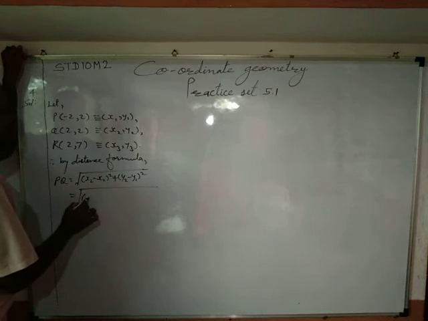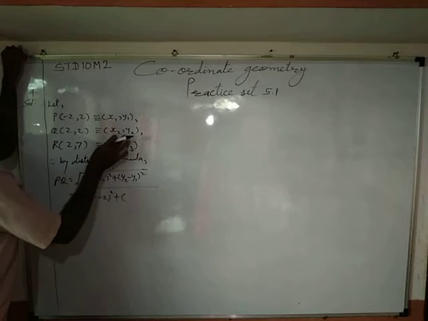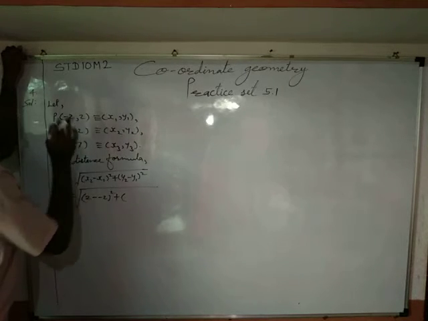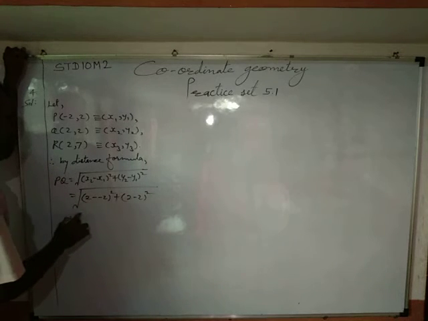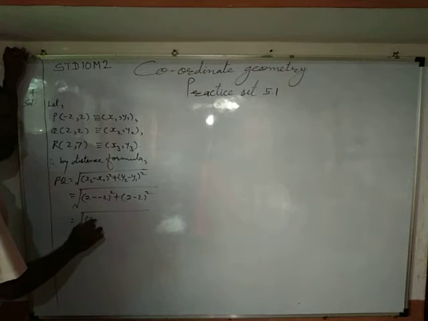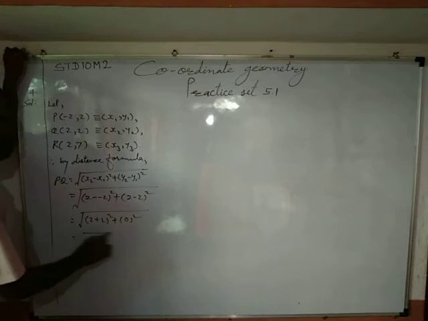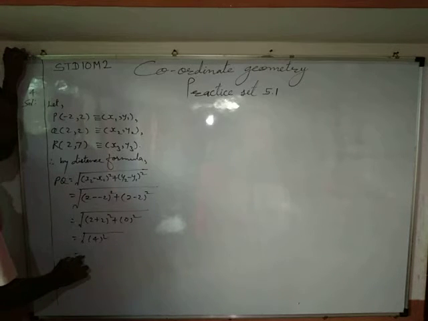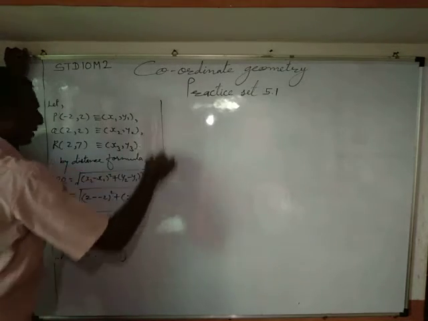That's why it will be 2 minus minus 2 its square plus value of y2 is 2 and value of y1 is 2. That's why 2 minus 2 its square, equals under root 2 plus 2 its square plus 0 its square, equals under root 4 square, which means 4, and therefore PQ equals 4. Let's call it equation first.